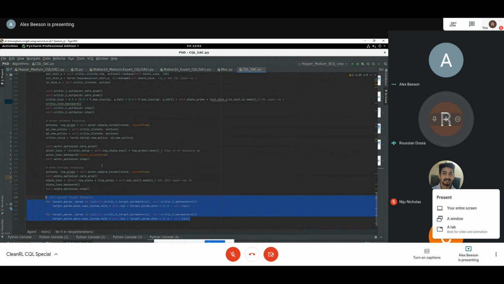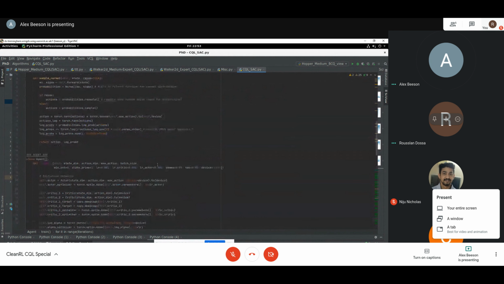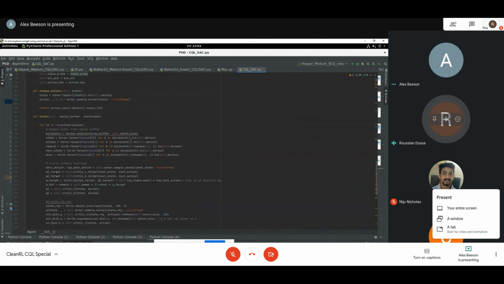But in their case they have the temperature, and additionally they have a min Q weight hyperparameter, which is not really specified. Yes, this alpha prime is specified earlier on here. In your version, yes, but in their version, do they have the alpha prime?